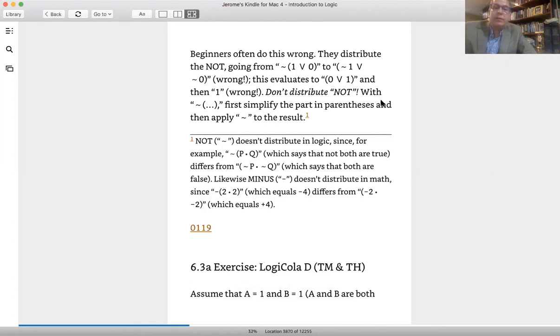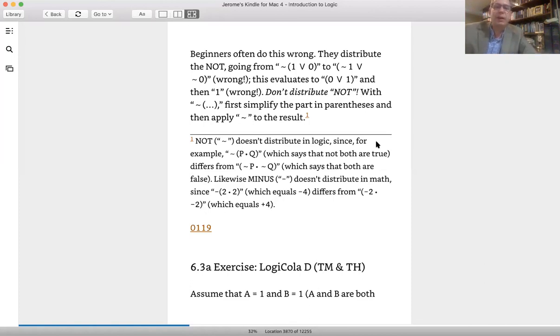Keep in mind, do not distribute. This is a common mistake because of things that we learn in mathematics. We think about distributing the squiggle to the individual terms inside the parentheses, but you would get the wrong result that way. Do not distribute not is the maxim that he gives us here.